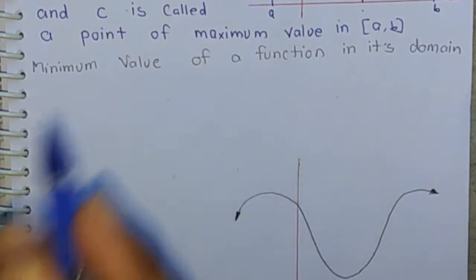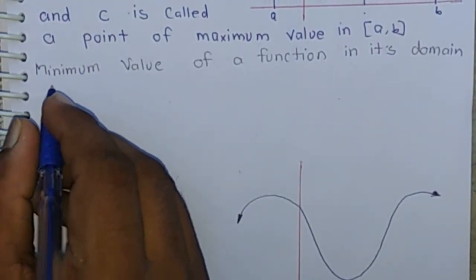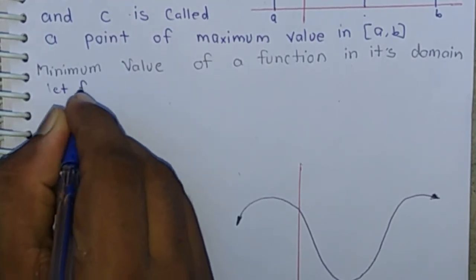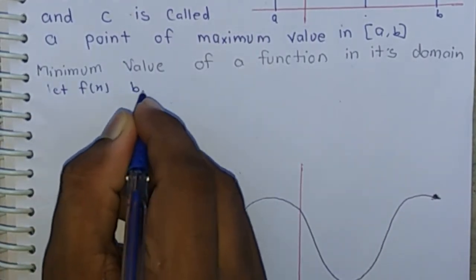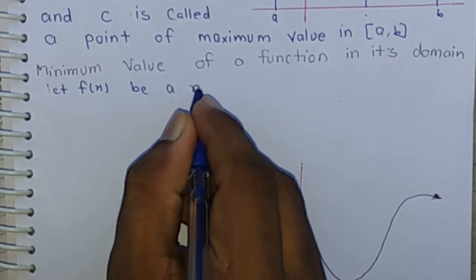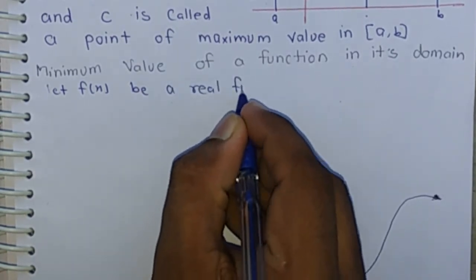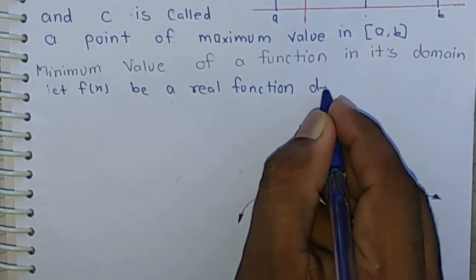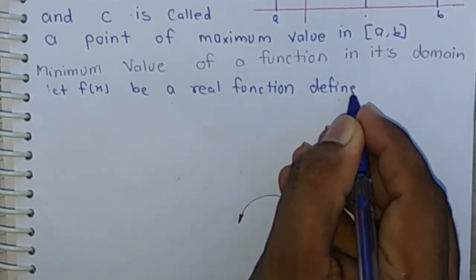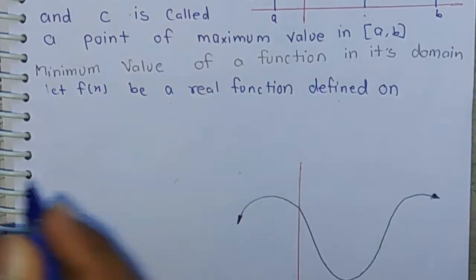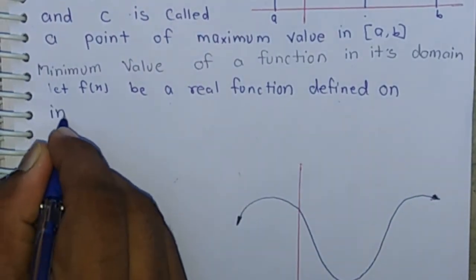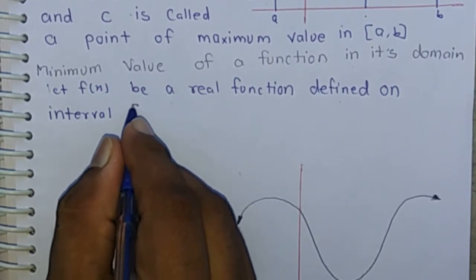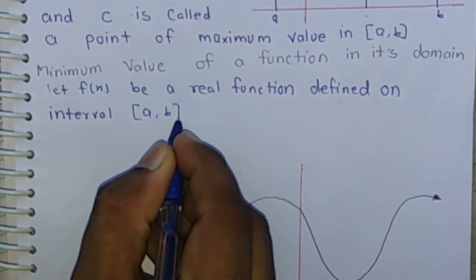Minimum value of a function in its domain. Let f(x) be a real function defined on interval [a, b].